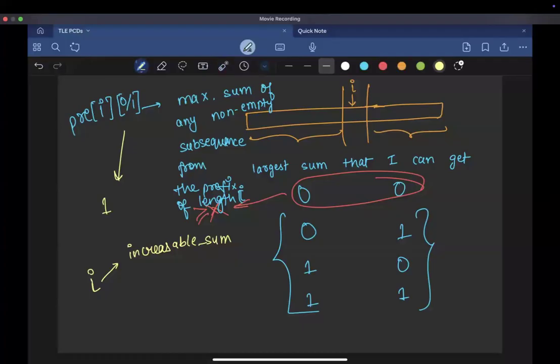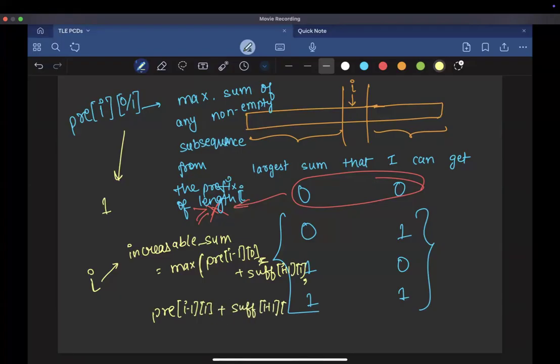So increasable sum would be equal to the maximum of pre[i-1][0] plus suff[i+1][1], or pre[i-1][1] plus suff[i+1][0], or pre[i-1][1] plus suff[i+1][1].